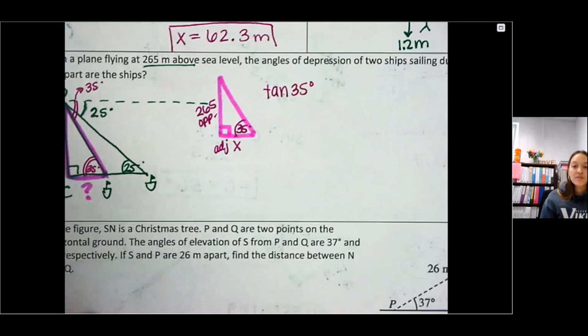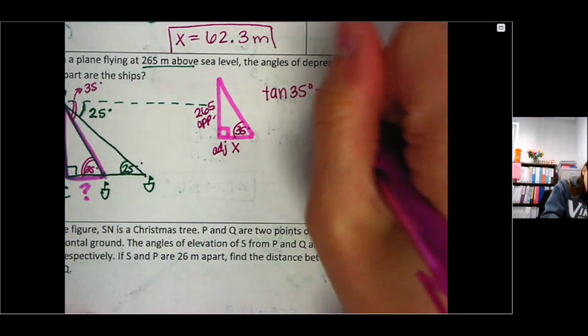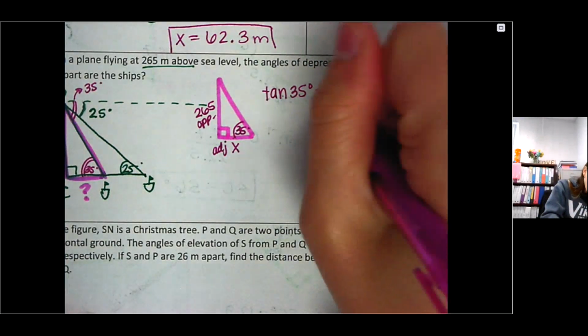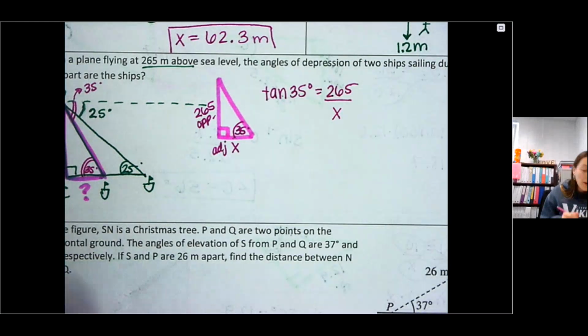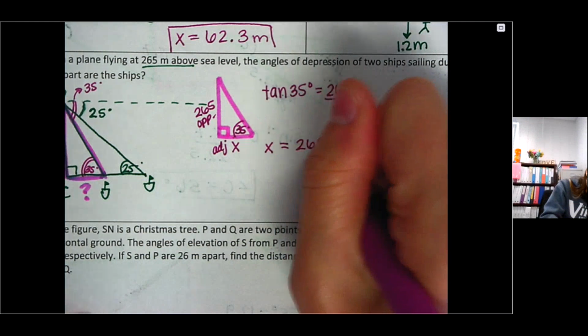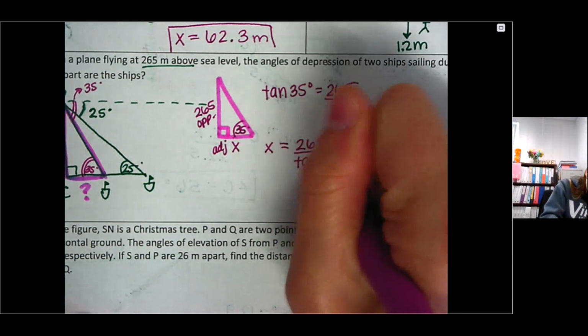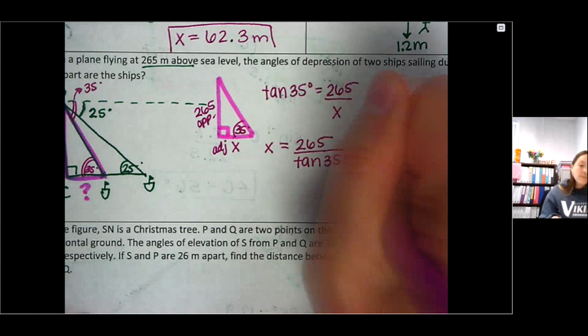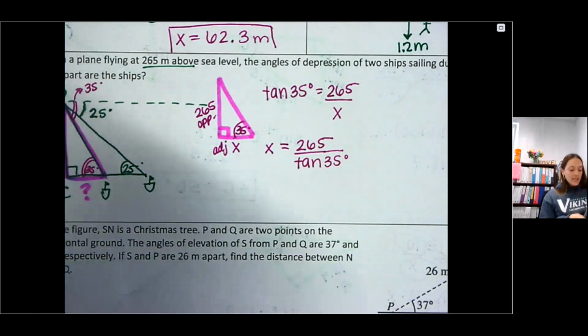So tan of 35 equals opposite over adjacent, 265 over X. Because X is at the bottom, we are going to divide these two numbers. I'm going to do that by plugging it into my calculator.